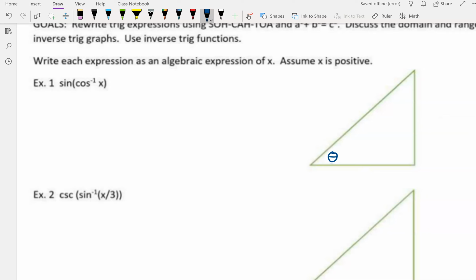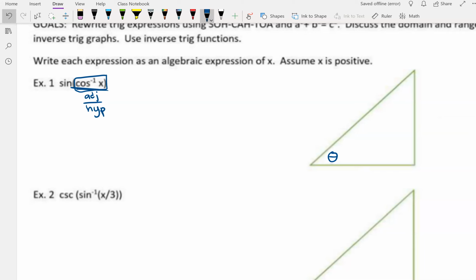And I'm going to start with what's inside the parentheses. So we have inverse cosine of x. Well, I know that cosine is adjacent over hypotenuse. So I'm going to express this on my triangle. But I want a fraction, since I want adjacent over hypotenuse.